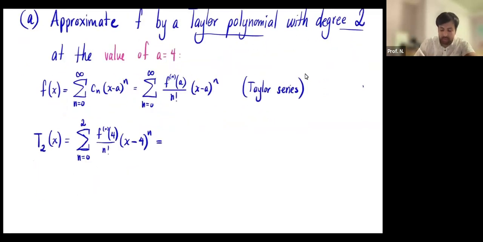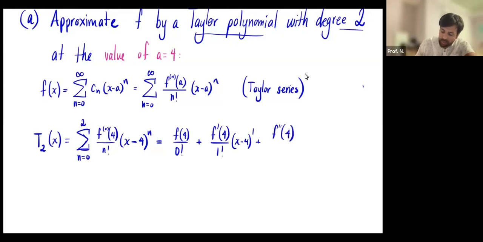And so if I draw this out a little bit more, when I plug in 0, I get f of 4 over 0 factorial plus f prime of 4 over 1 factorial times x minus 4 to the first power plus f double prime of 4 over 2 factorial times x minus 4 squared. So this is the drawn out series.